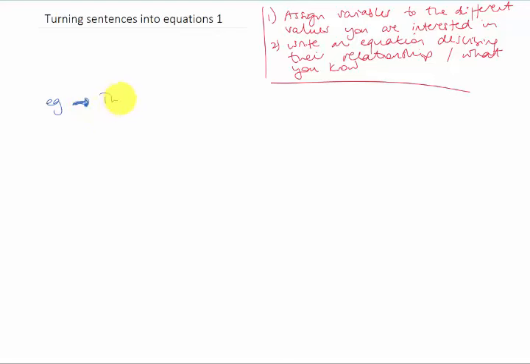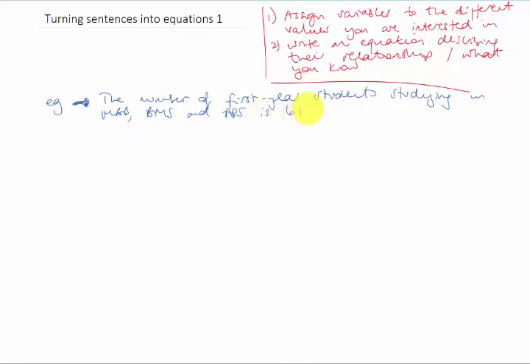So for example, the number of first year undergraduates studying in MBB, BMS and APS is 613.